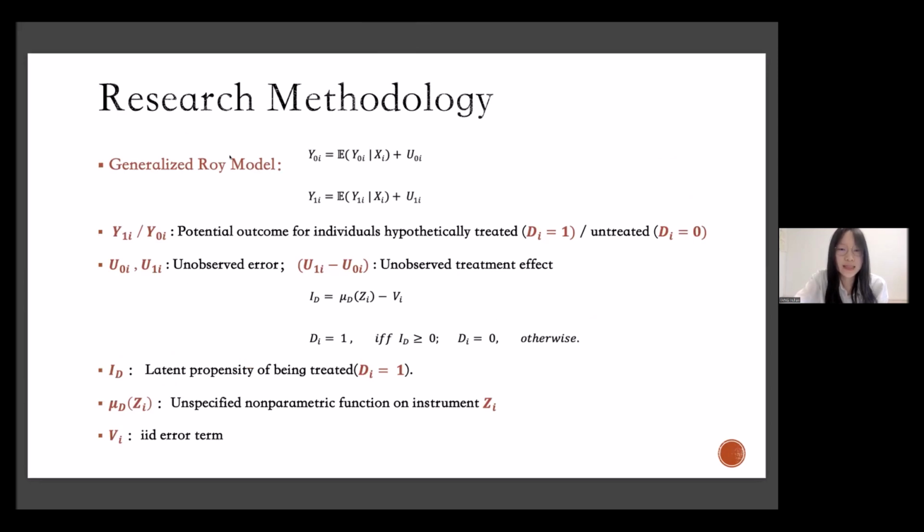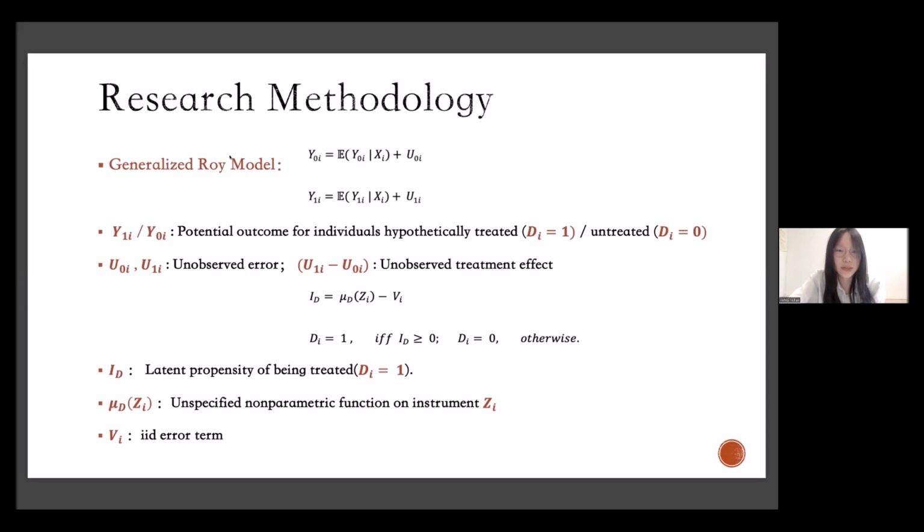Now, with a basic understanding of the marginal treatment effect and the causal forest, we could start our modeling. We designed our framework based on the generalized Roy model, with a potential outcome model and a latent variable discrete choice model for treatment status.